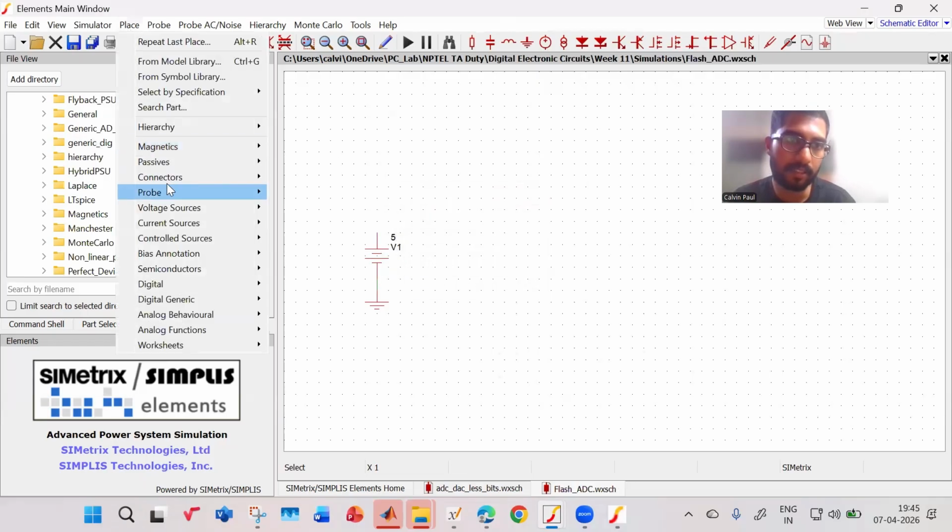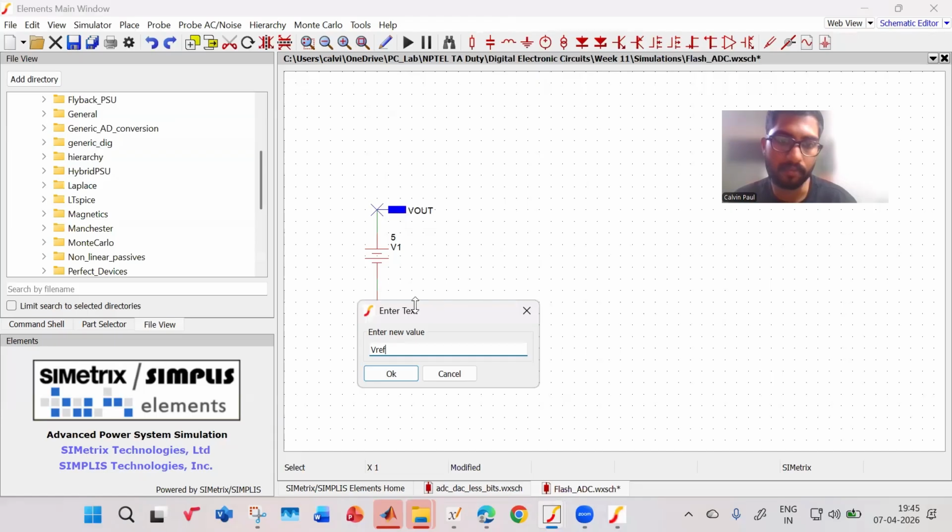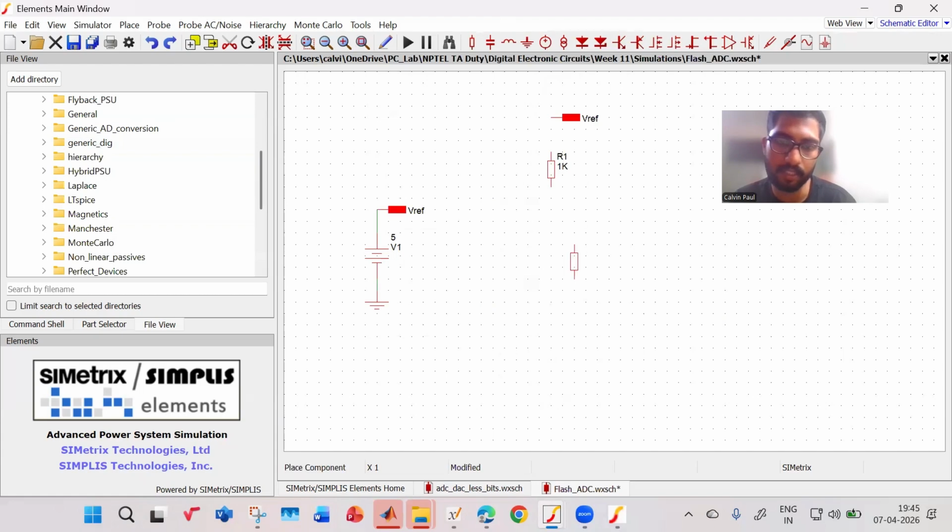Let us place a connector. This is VREF. The same VREF I can access here. I place a resistor. Let us say resistor 1K, another resistor 1K, resistor 1K, resistor 1K. Connect the ground here. So this I connect here. This I connect here.